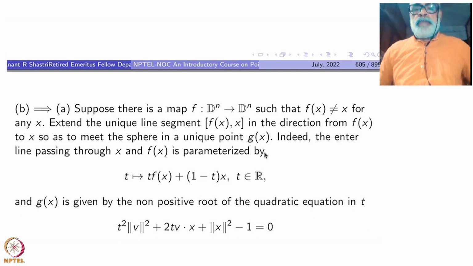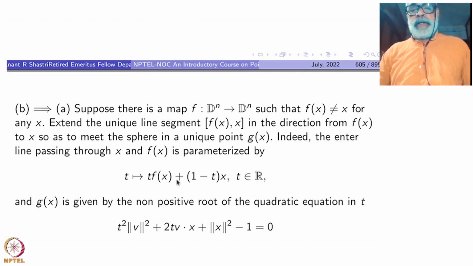But here, because you may be seeing such things for the first time, I will give you a full proof of why gx is continuous, just because this f is continuous, fx is continuous. Okay. So how does it do that? Look at the entire line passing through x and fx. Okay. So what is the parameterization? It is t times fx plus 1 minus t times x as t ranges over R, right?